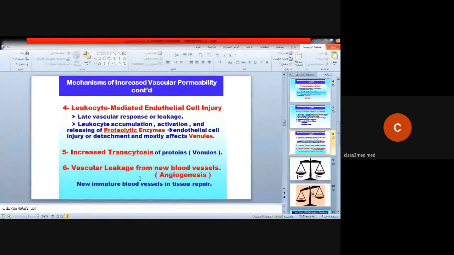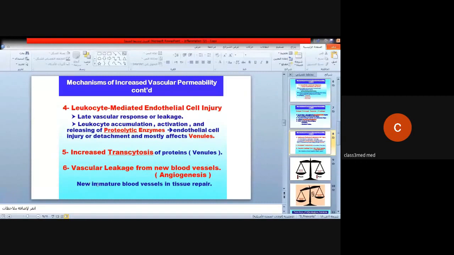When the wall of these new blood vessels becomes mature, the leak from it stops. Okay? The vascular leak from new blood vessels, which is called angiogenesis, occurs in repair tissue, when the healing and repair start in the inflamed tissue.